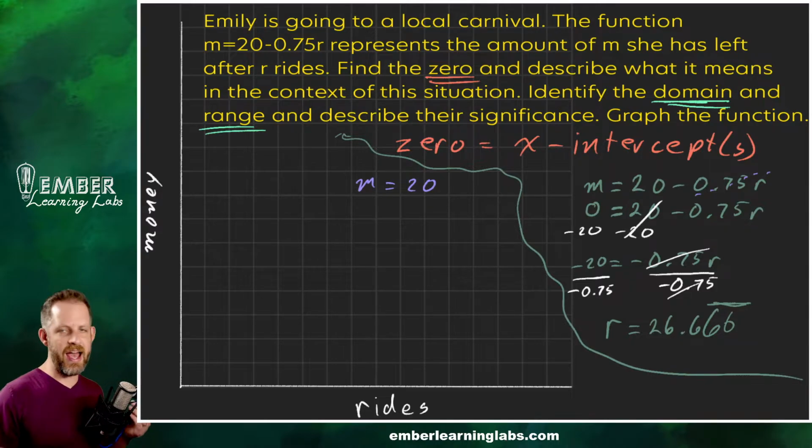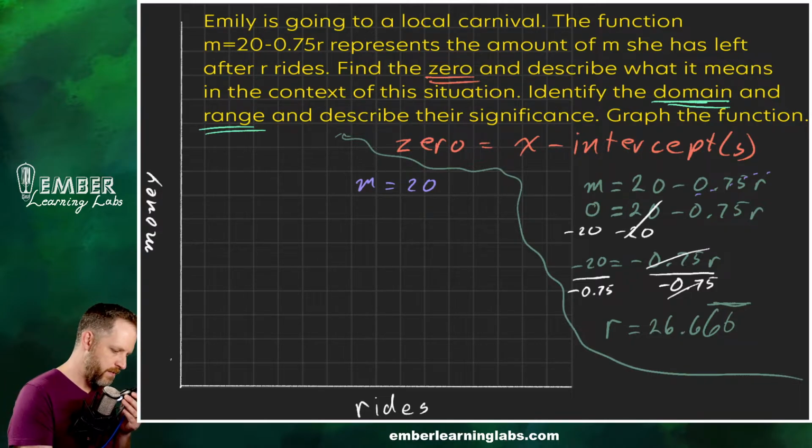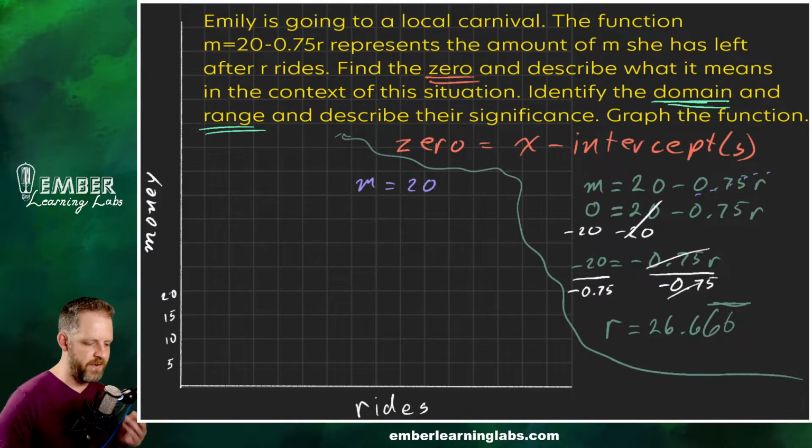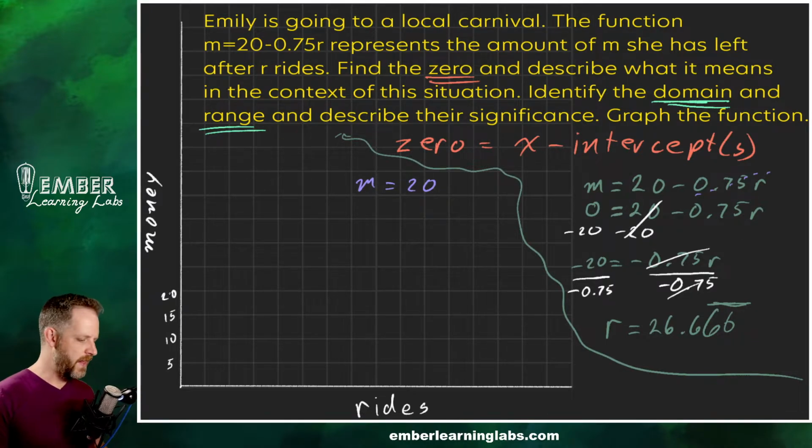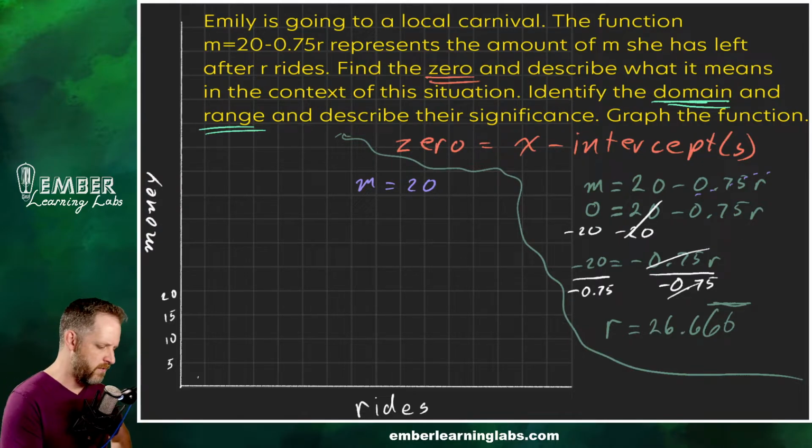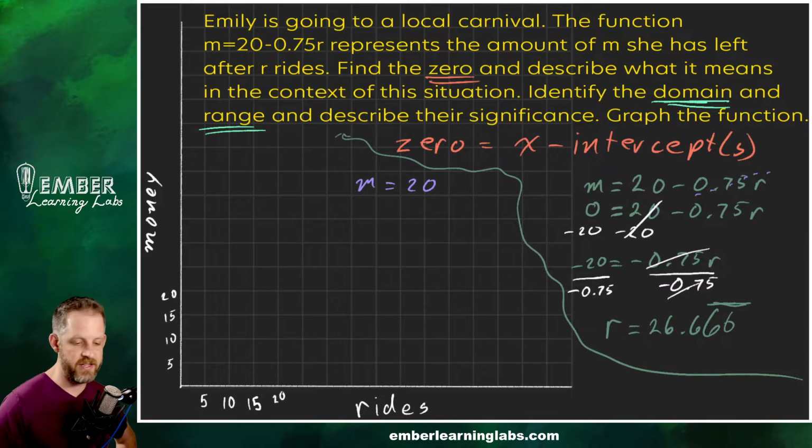I'm going to count by fives here, as I think that's reasonable and gets us a good looking graph. 5, 10, 15, 20. I'm counting by fives again on the rides axis. You do not always have to count by the same things, by the way. That's worth noting, that in some situations we don't want to count by the same thing on both axes.